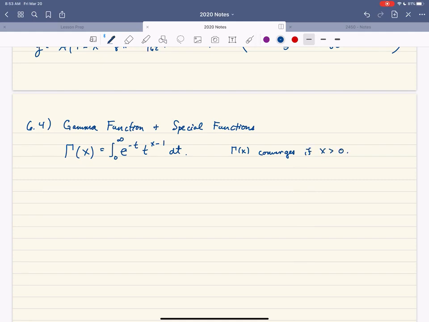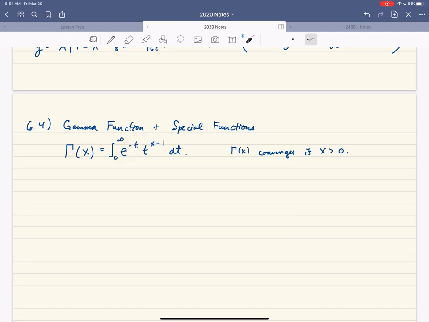I just want to point out why this restriction is here. If x is less than or equal to 1, in other words, if x is, say, 1/2, then the trouble point is actually going to be 0. So if x is 1/2, this is going to be e to the minus t times t to the negative 1/2. And this e to the minus t is basically negligible if t is near 0, right?